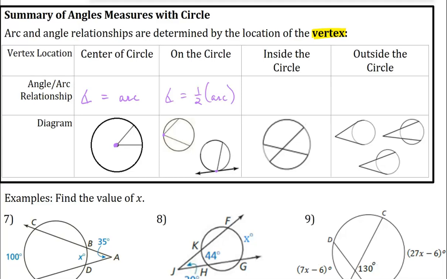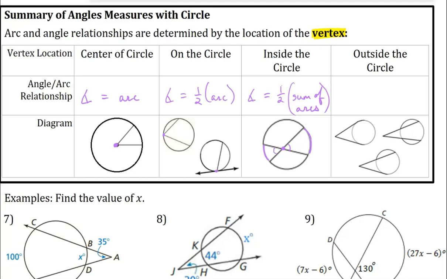Okay, and then if I have two chords intersecting inside a circle, remember we actually have two pairs of vertical angles here, but for labeling purposes, let me just look at this one. So now the angle is half the sum of the arcs. Okay, half the sum, like that.